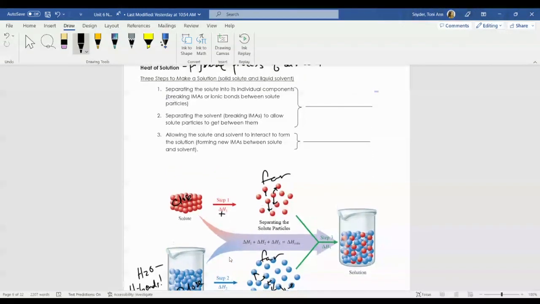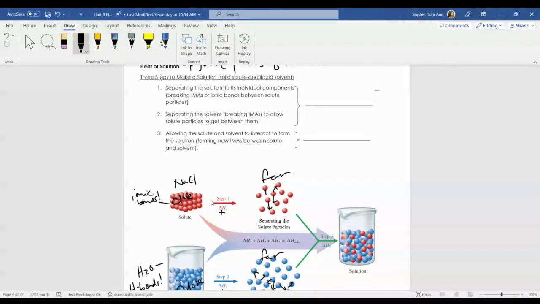So the first 2 steps in making a solution, we have to separate the solute into its individual components. And a lot of times to do that, I have to break ionic bonds. If this is, for example, NaCl, there's an ionic bond that's holding sodium chloride to one another. So I have to break that ionic bond.